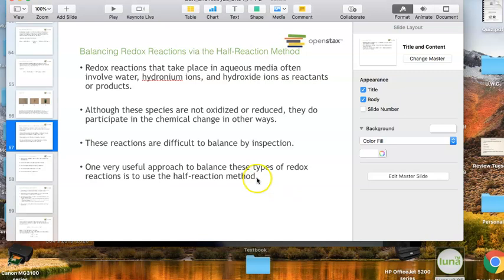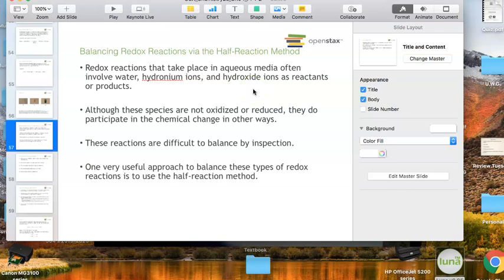So redox reactions do take place in aqueous media, and aqueous media means it's going to involve a solution where water is the solvent, and so when water is the solvent, you have an excess of hydronium ions. Hydronium ions are H3O+, and hydroxide ions, which are OH- ions, as reactants and products.